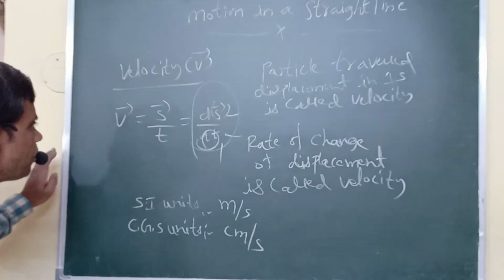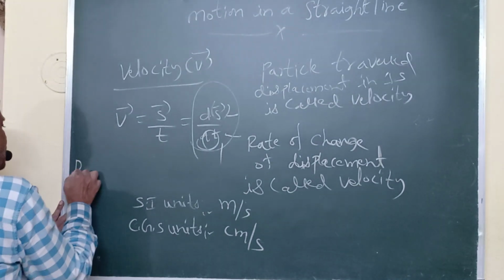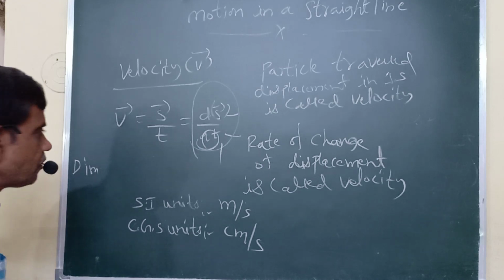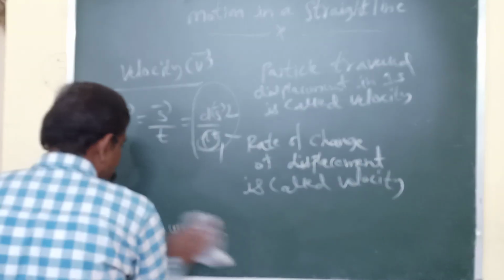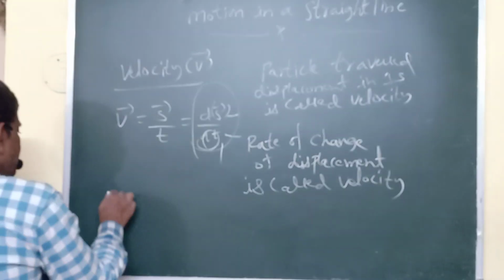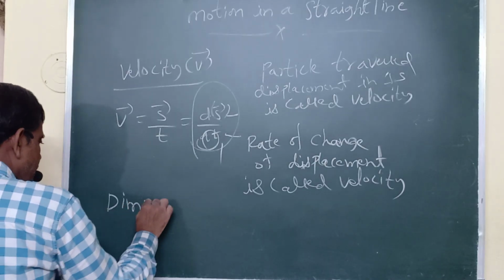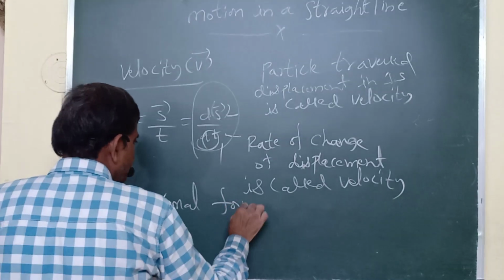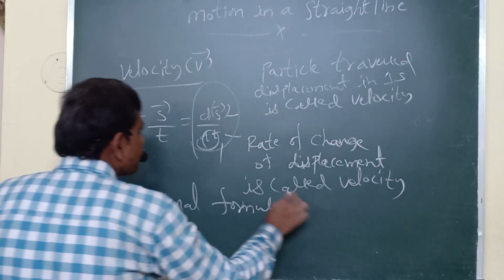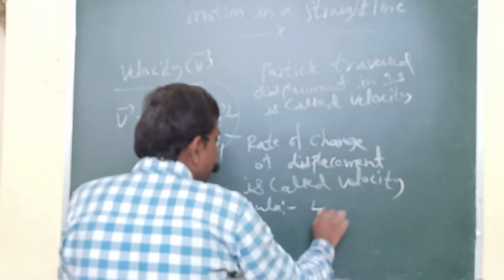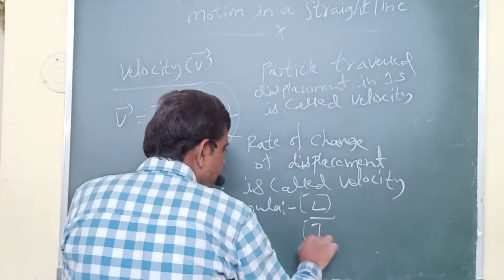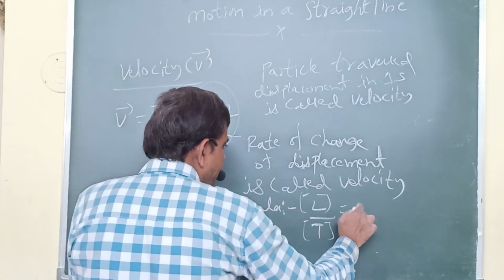So your dimensional formula also comes. What is the dimensional formula for this? Length L, time T, always writing with square brackets.